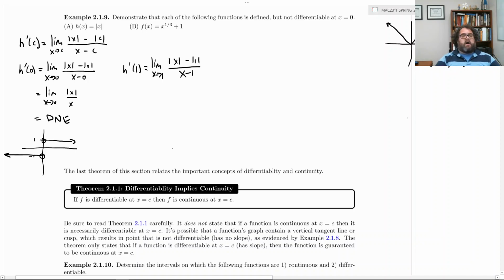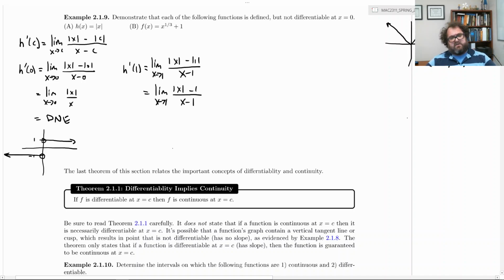I forgot my limit, sorry about that. Obviously, absolute value of 1 is 1, so you have absolute value of x minus 1 over x minus 1.